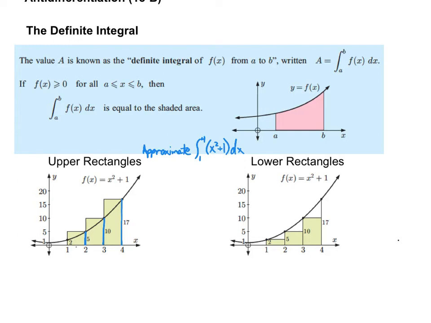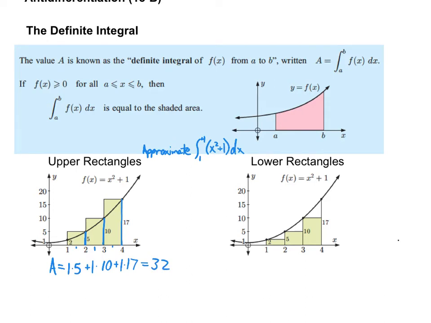And each of these is 1 unit wide. So if I'm doing areas of rectangles, then my area is 1 times 5 plus 1 times 10 plus 1 times 17, which, of course, is 32.